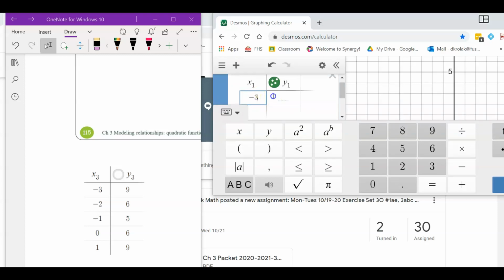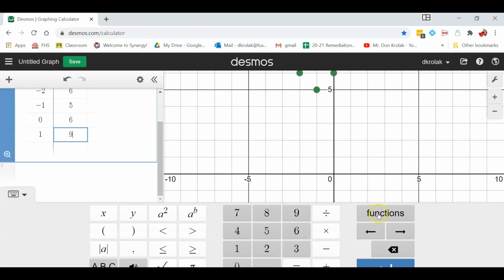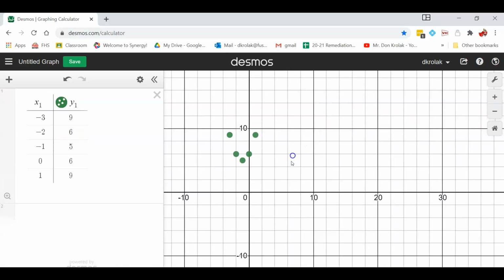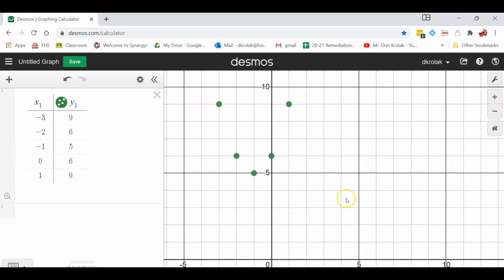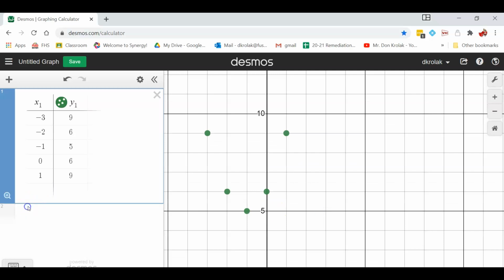Negative 9, 6, negative 5, 0, 6, 9. There you go, you should come up with 3 equations.